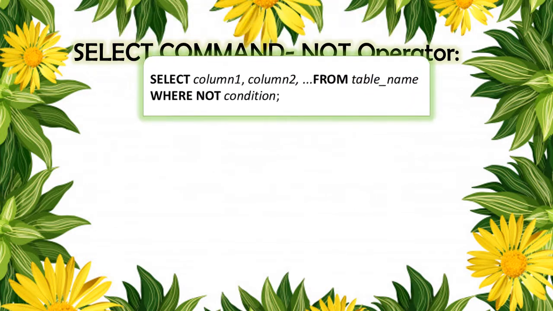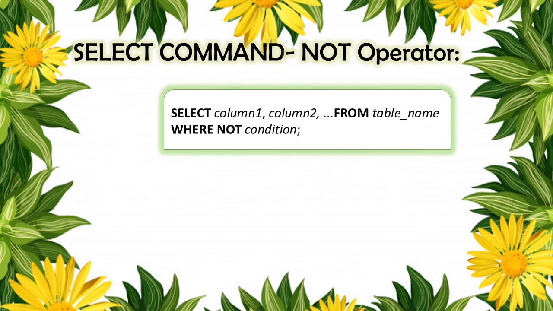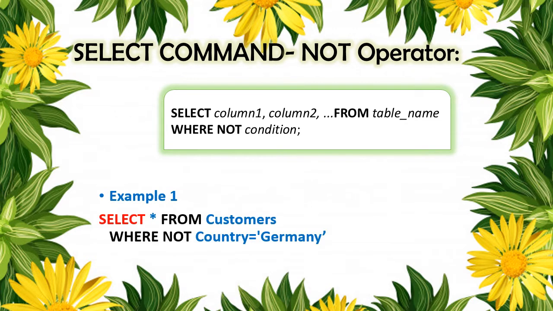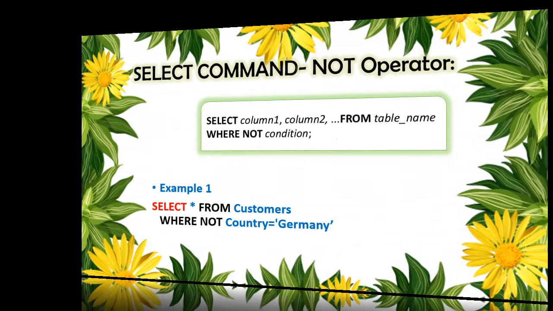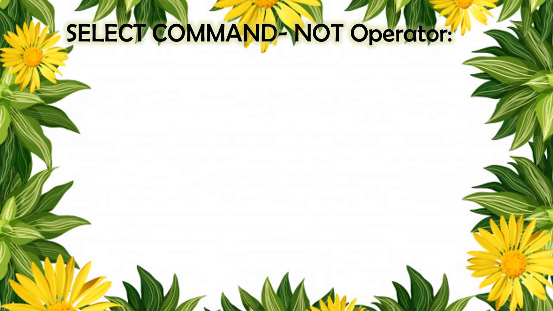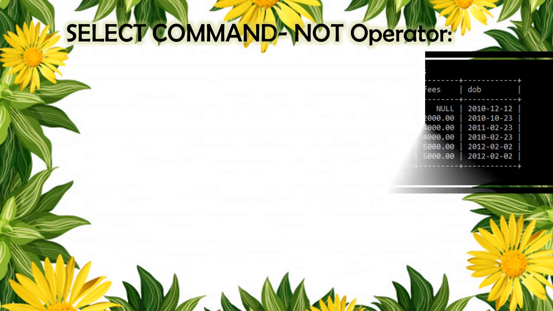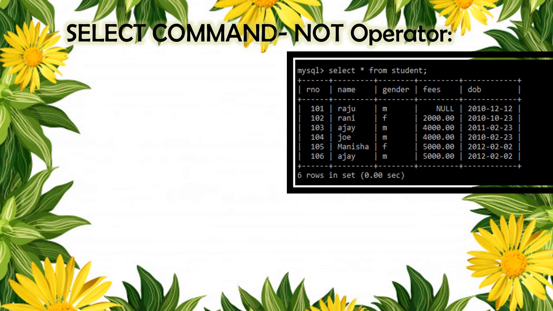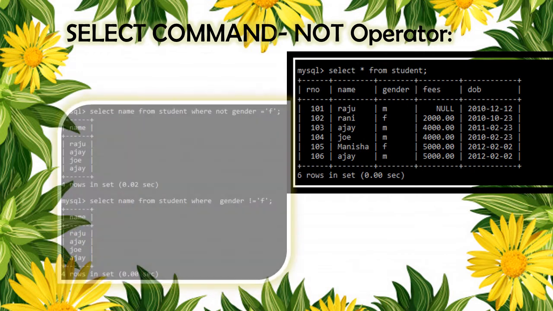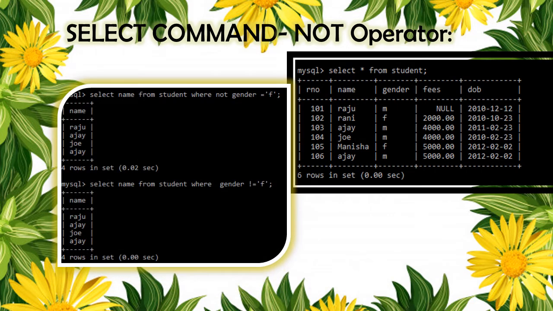And the not operator: if the given condition is not true, then the column will be selected. For example, select the details of customers who are not in the country Germany. Here is a select command with not operator example: display the student names whose gender is not female.